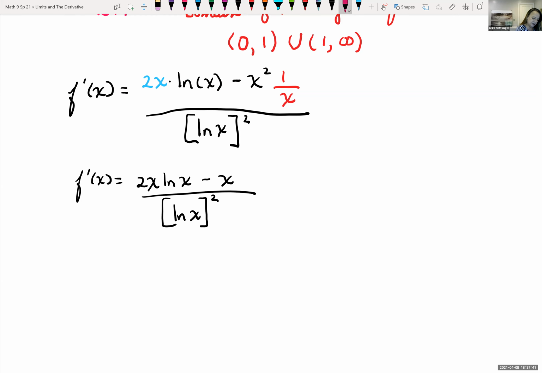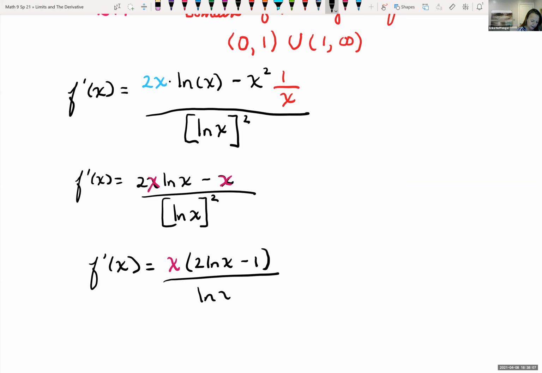Okay, so looking at this, notice you can factor out an x in the numerator, and that will help us when we're solving for that equal to 0. So derivative f prime of x is equal to pulling an x out of the numerator. That would leave us with a 2 natural log of x for the first grouping, minus 1. All over the natural log of x, quantity squared.